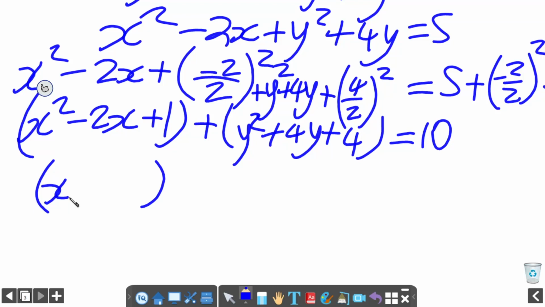We keep the sign in the middle, exactly the way it is. What do I do? Who wants to help us with that? To factorize the bracket that consists of 3 terms, the trinomial, how do you do that?